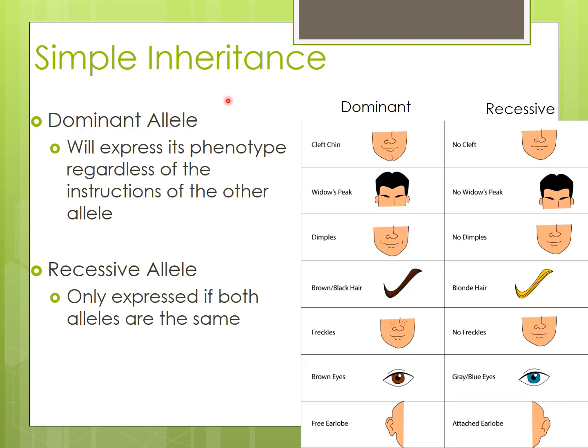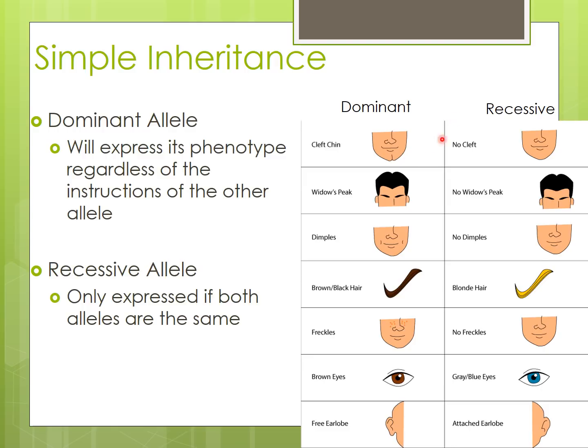So the dominant allele will express its phenotype regardless of the instructions of another allele, which means that if you have the allele for cleft chin, even if you had the other allele for the no cleft, you would always see the cleft chin. That cleft chin allele is dominant over the recessive in that it masks this recessive allele.